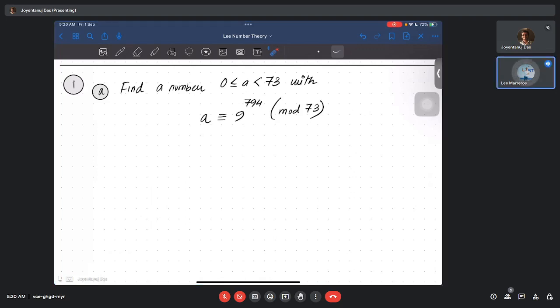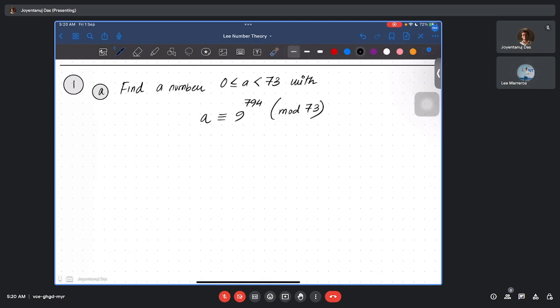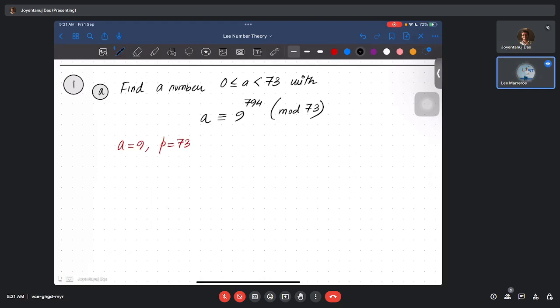Okay, we can replace p, so p will be 73. So 73 is a prime number. So a is 9 and p is 73, in our Fermat's little theorem. How come a is 9?